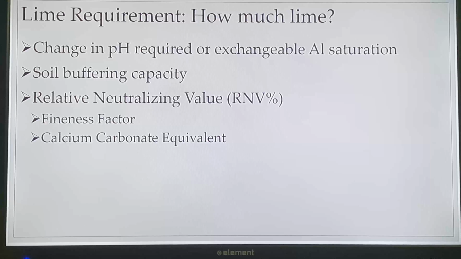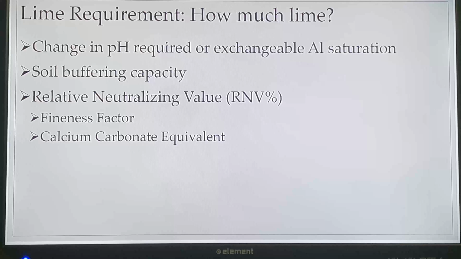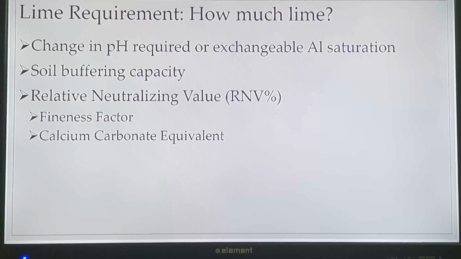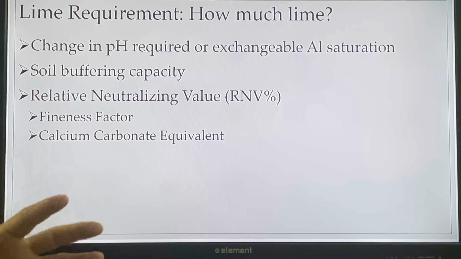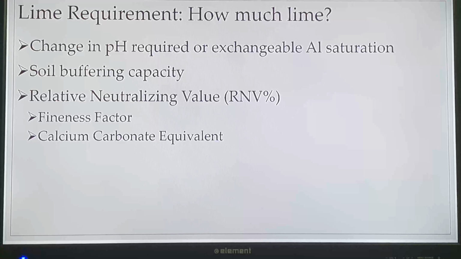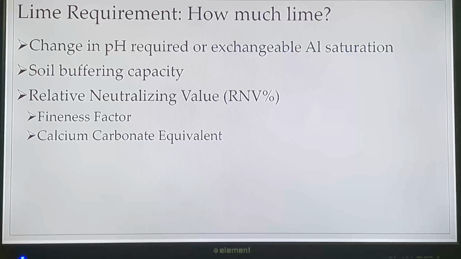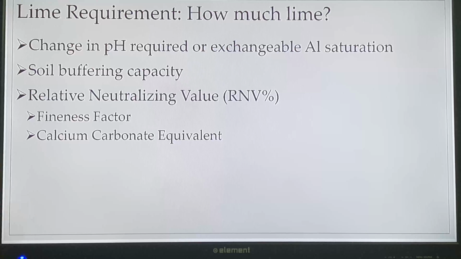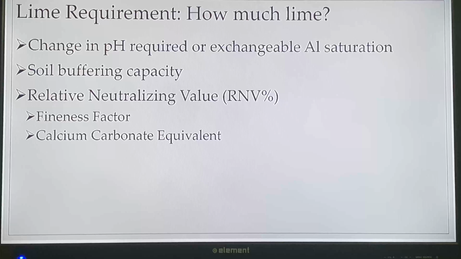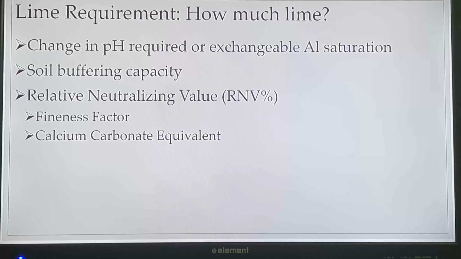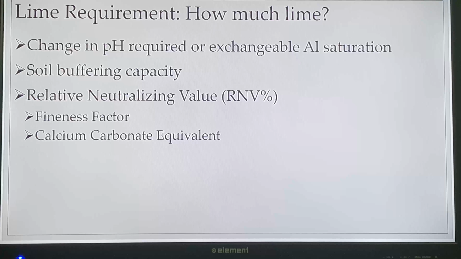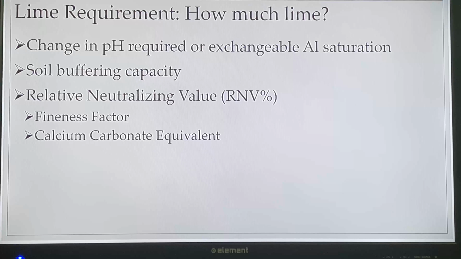All right, so next we're going to move into how we go about determining lime requirement. I'm going to go over this again a lot more in class, probably 2 Fridays from now when we make it back into module 3. But anyhow, we have this liming requirement that is going to neutralize some of our acidity.